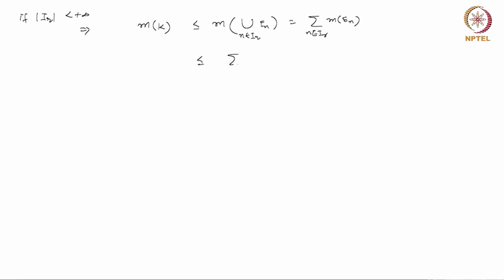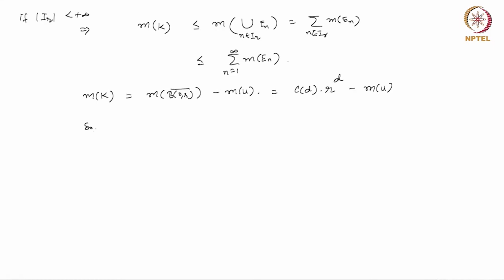Then you can take the entire sum on the right hand side, and note that mK is equal to m of B0R bar minus mu, and this is equal to some constant c which only depends on the dimension d times the radius to the power d minus a fixed constant mu.